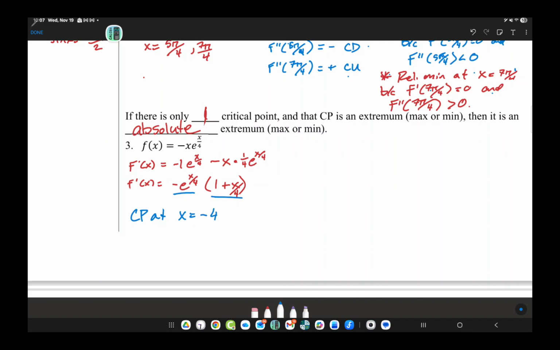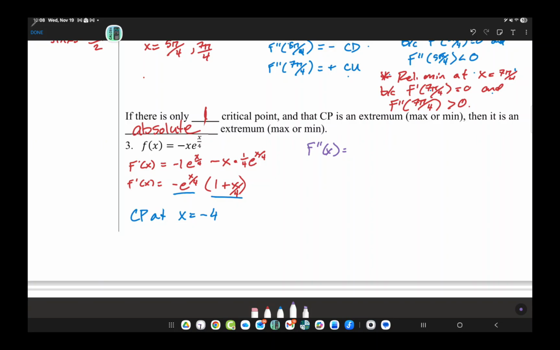Now, the real fun thing is I have to do the second derivative test because that's what we're doing today. So what is the second derivative of x? Let's start with first. I don't know that.